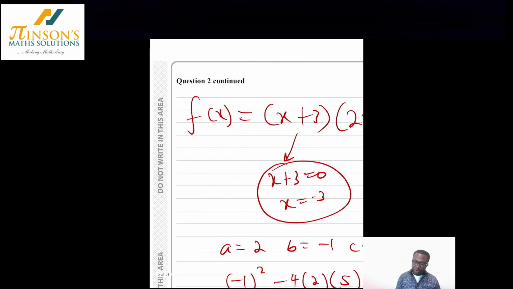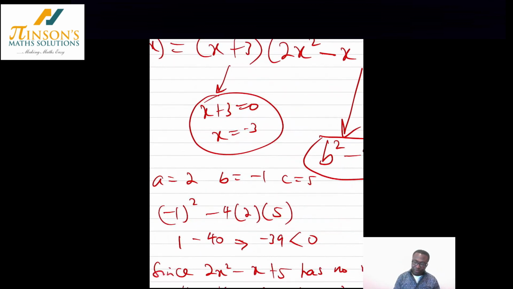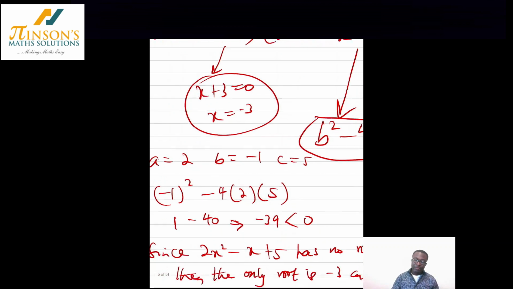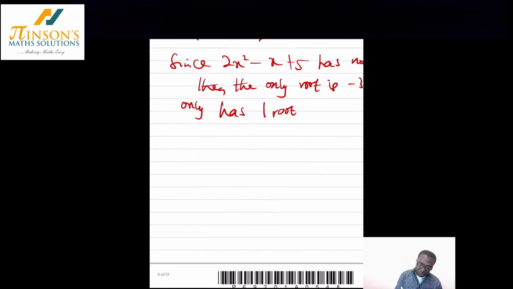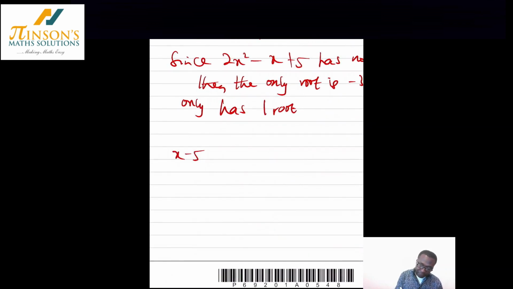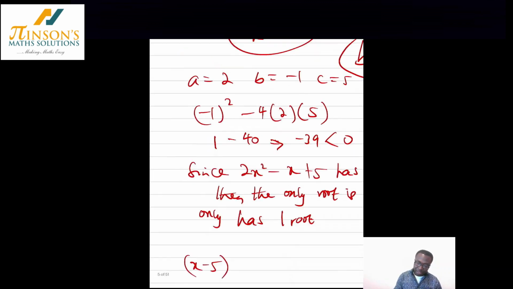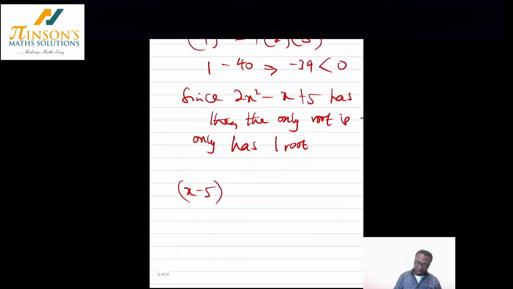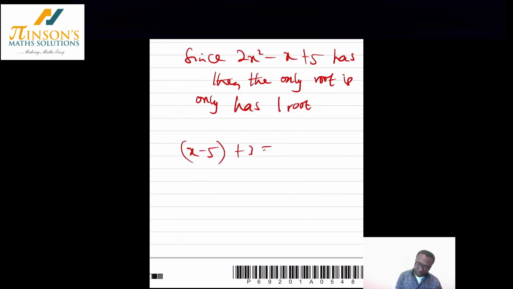That's the only one we are focusing on, because that is what gave us minus 3. So we got x minus 5, which is this bit, and we are adding 3 to then solve. This gives me x minus 2 equals 0, and x will be 2.